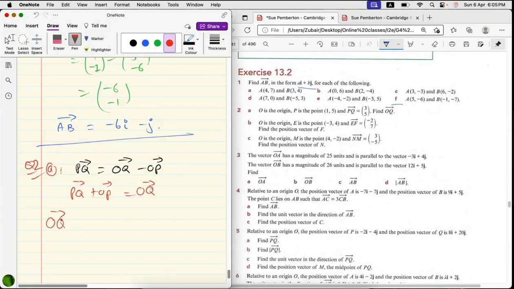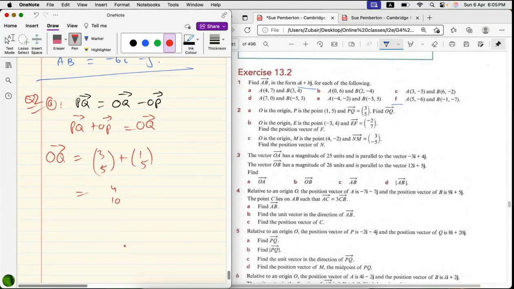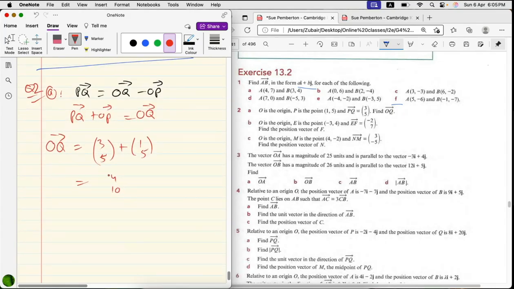So OQ would be PQ, that's already given 3, 5, plus OP, the position from origin, 1, 5. 3 plus 1 is 4, 5 plus 5 is 10. There's no restriction on the order they need, so we can write it as a column vector or IJ form. That won't be an issue.